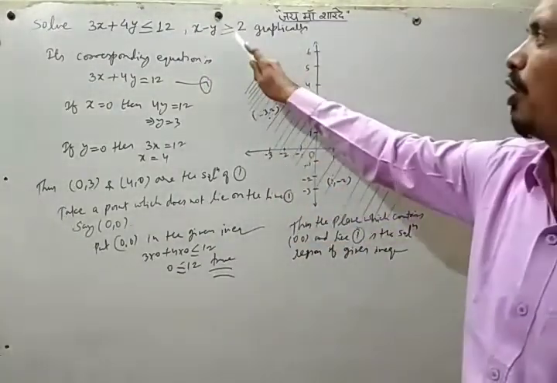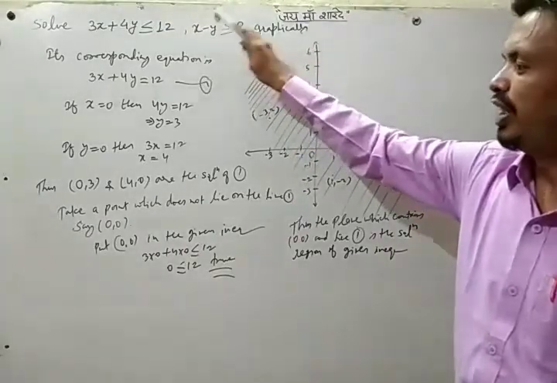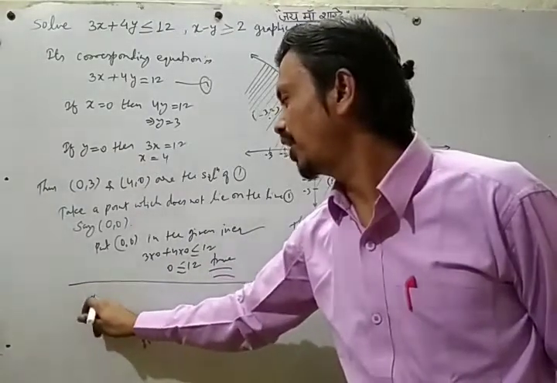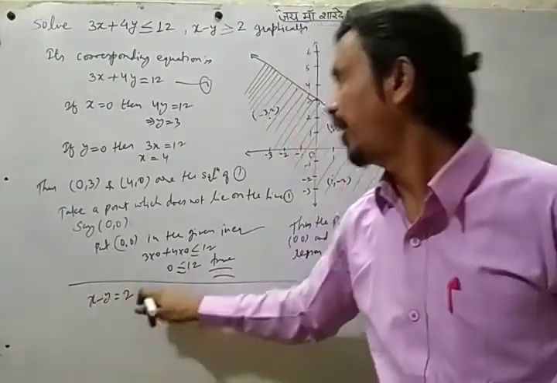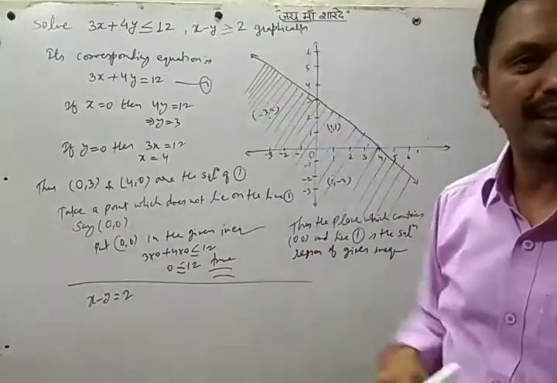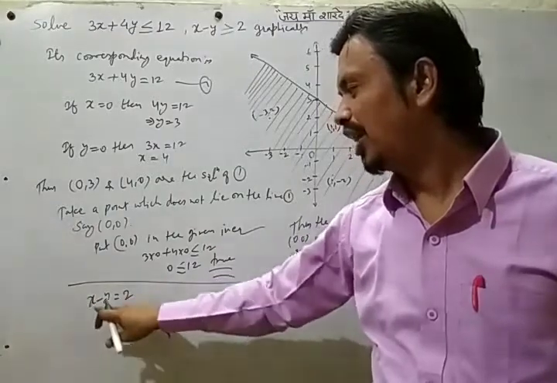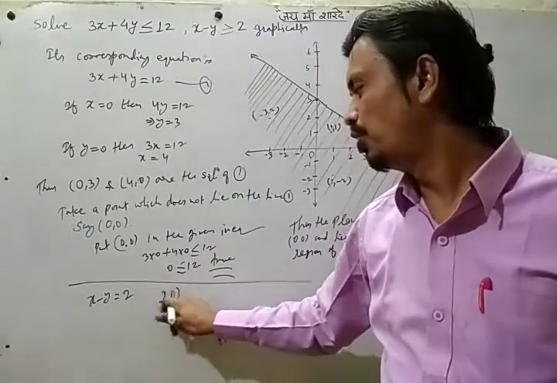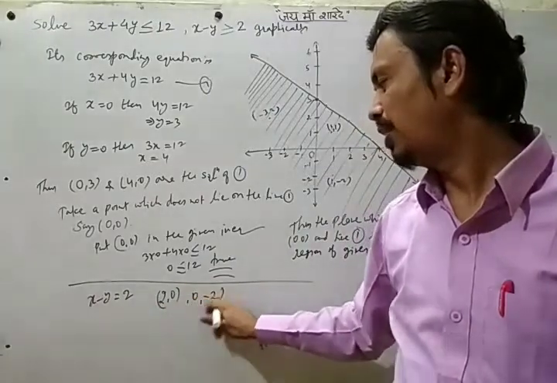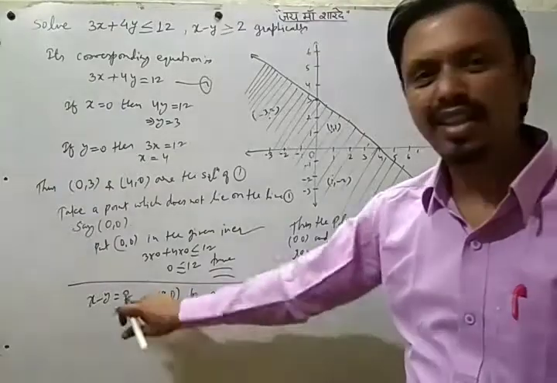Now to find the solution of the second, the same process we can do. We can find the equation corresponding to the second inequation. So x minus y equal to 2 is our required equation for this line. Then when we put y 0, x will be 2. So 2 0. When we put x 0, y will be minus 2. So 2 0 and 0 minus 2 are the solutions of this equation.